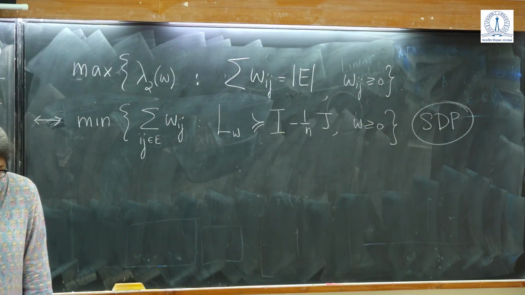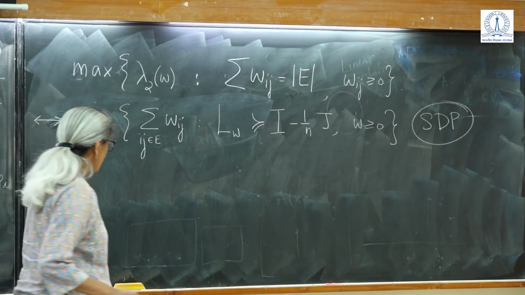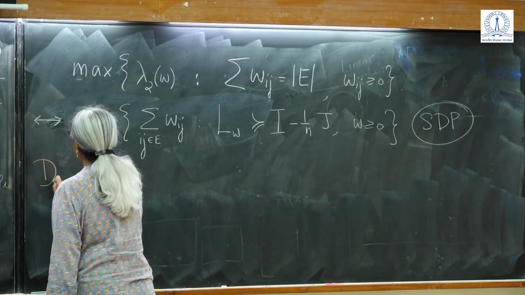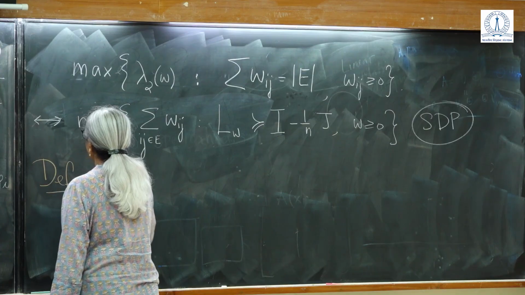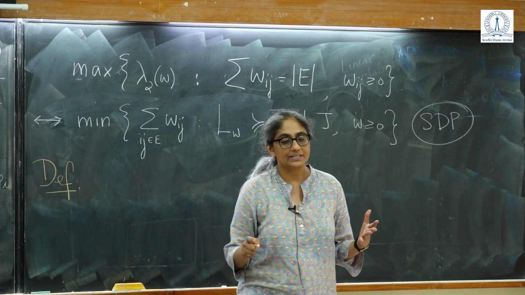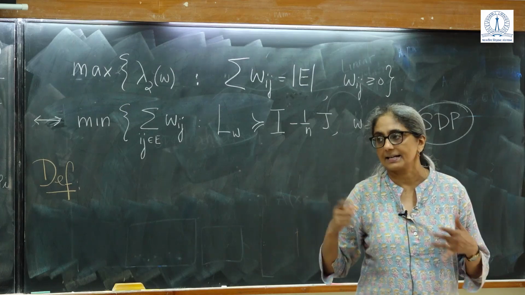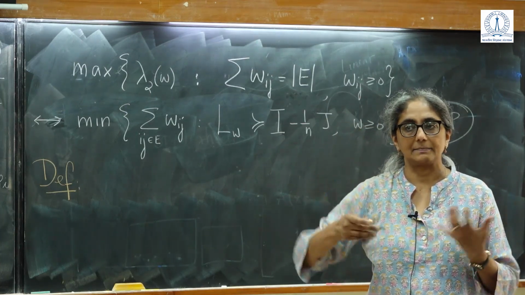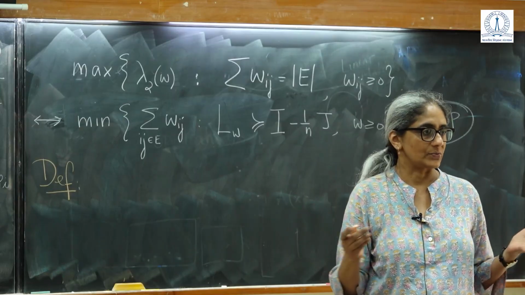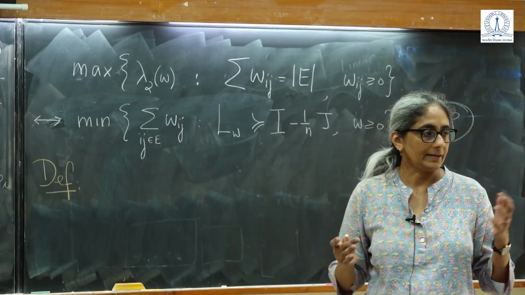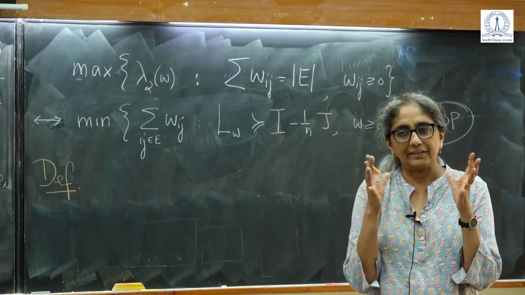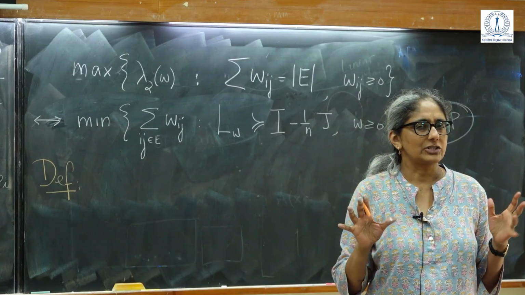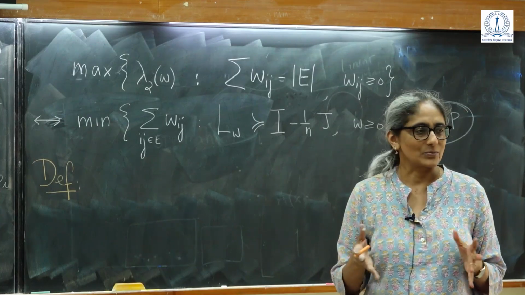We proved it. So now I'm going to make a definition. I'm going to ask the following question. For many graphs, if you just take the graph and run this SDP, you will see that the weights that are going to maximize lambda 2 are not the all ones weight, they're some other weight. But if your graph is very, very symmetric, somewhat symmetric, it should be that the all ones is the best weights.